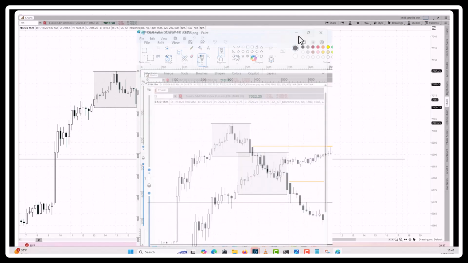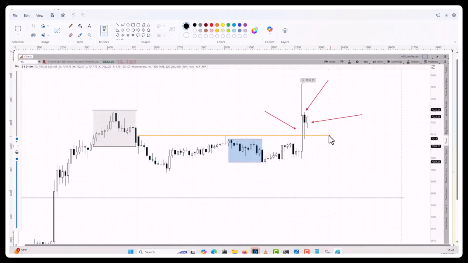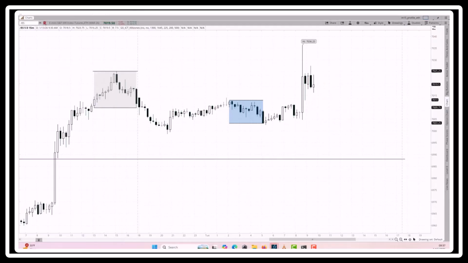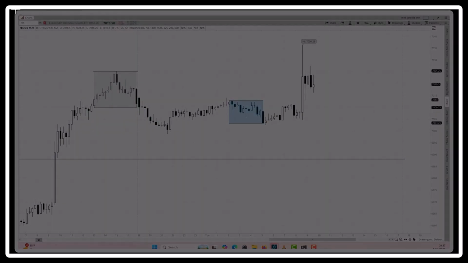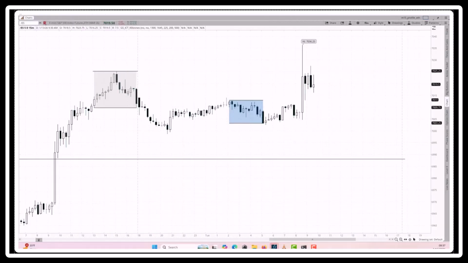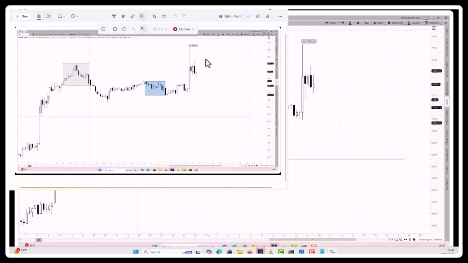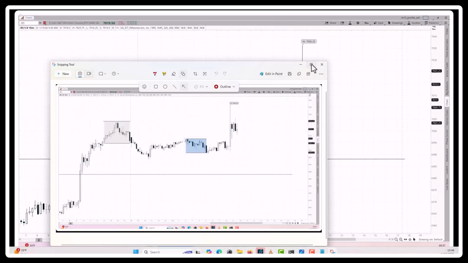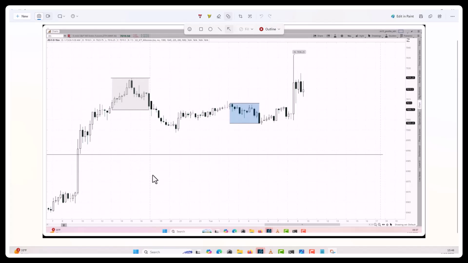Here's the previous one, test one, and now it tests twice. All right, let's take a screenshot of this snapshot right here at 9:30, 7 minutes to 9:30. So you can see the open range right there.